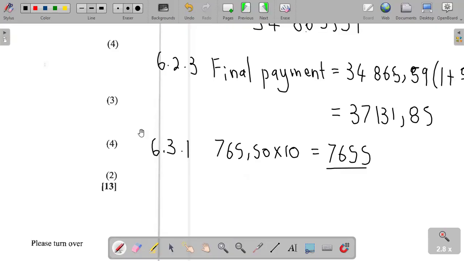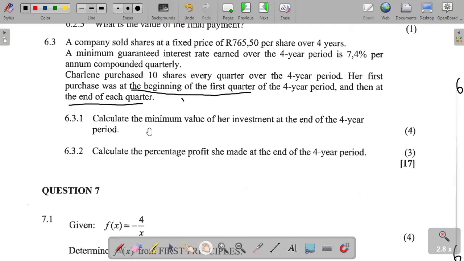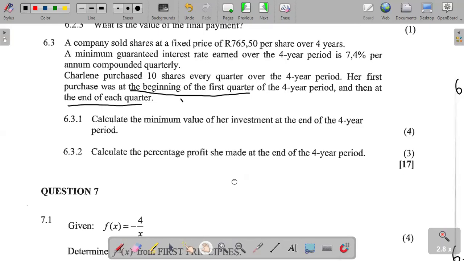And then they say, calculate the minimum value of the investment at the end of the 4-year period. So if it was at the beginning, and then at the end of each quarter, the n here is going to be 4 times 4.